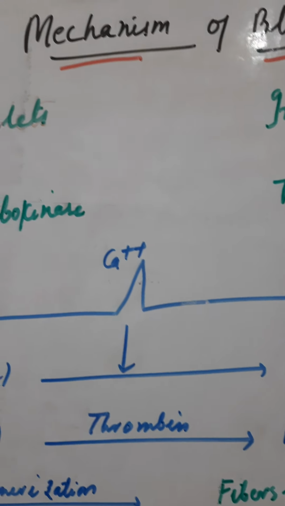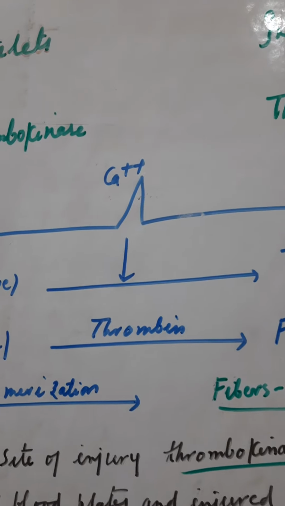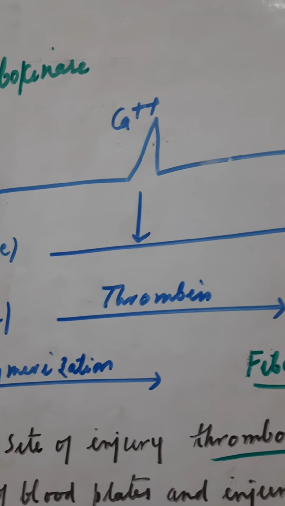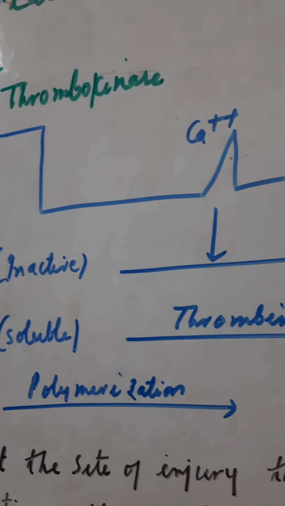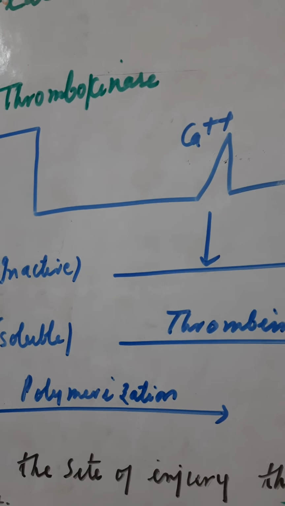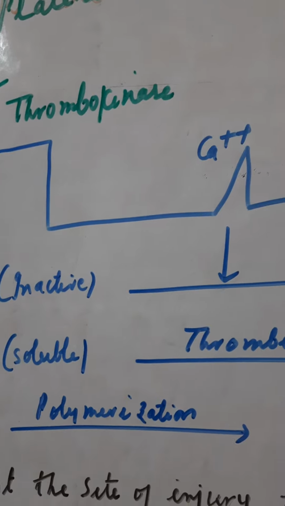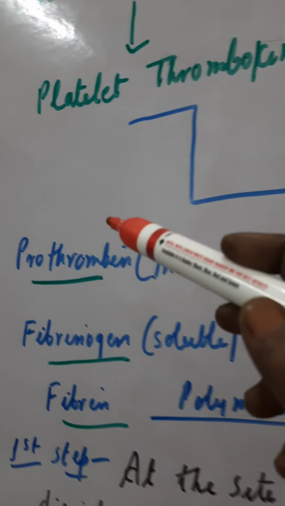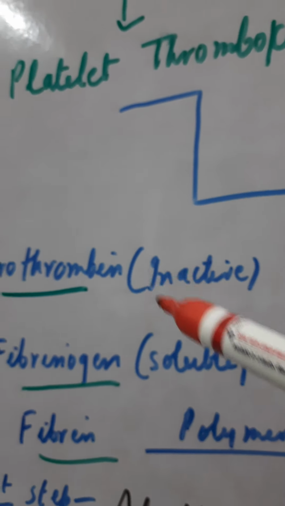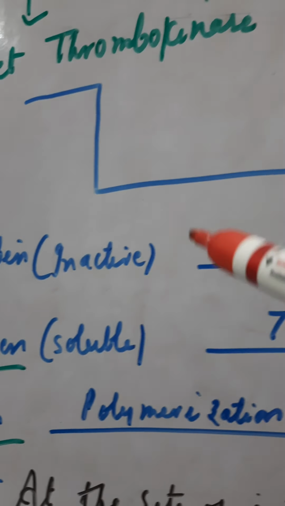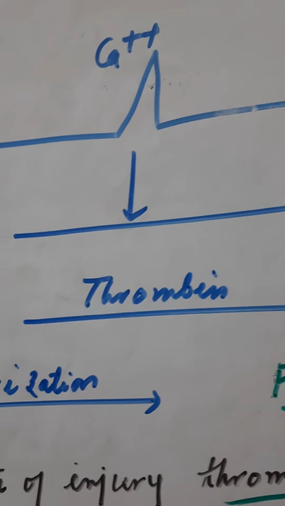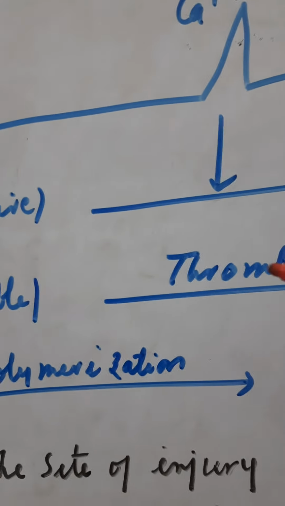Then in the second step, thrombokinase, which acts like an enzyme, with the calcium ions present in the plasma, will convert prothrombin, which is the inactive form, into the active thrombin. Here you can see prothrombin, the inactive form, is converted into the active form, thrombin.